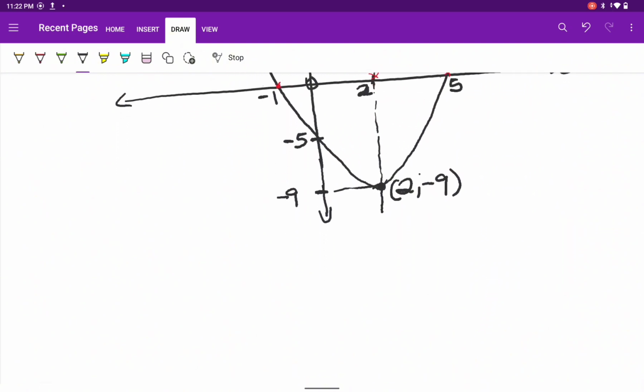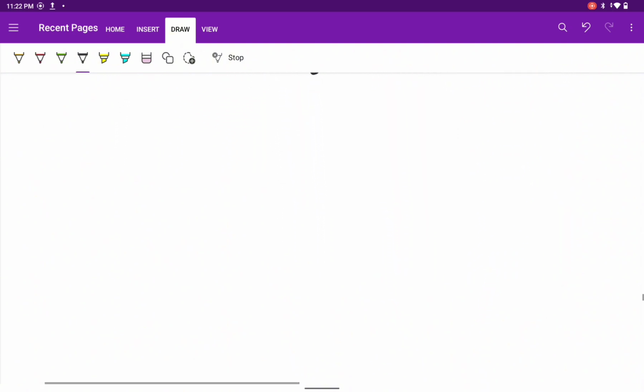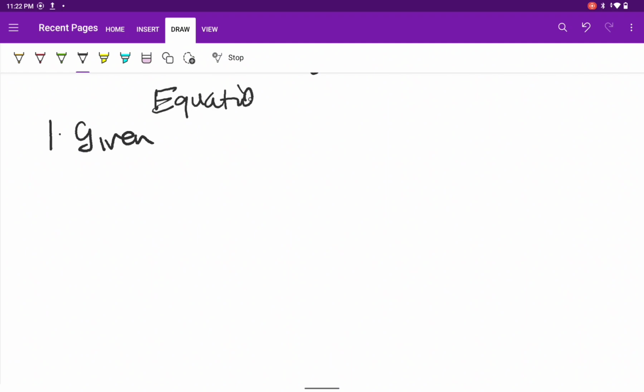Now, the first condition. Remember, we want to calculate the equation of a parabola. So let's check the given information about that graph.